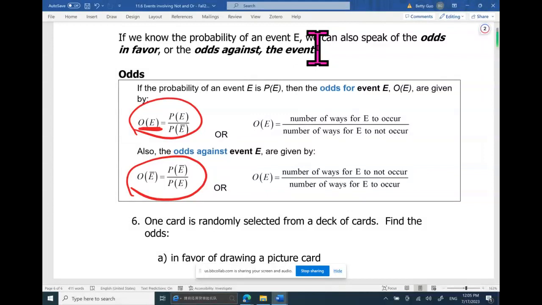Probability is a number between 0 and 1. The number cannot be negative, 0 is fine, cannot go beyond 1. It is one value. But odds is a ratio. You know how many ways we can represent a ratio? Let's say 1 to 2.